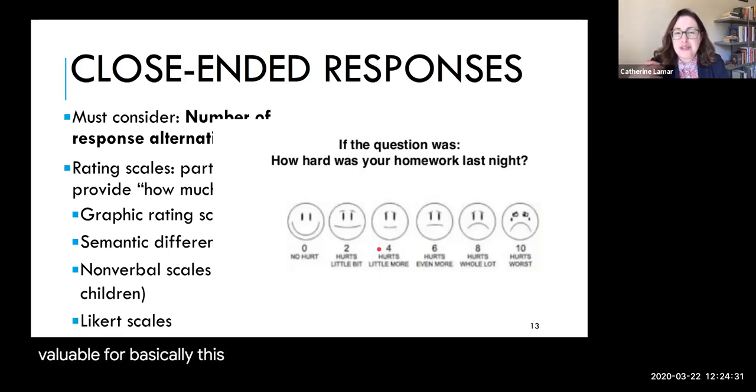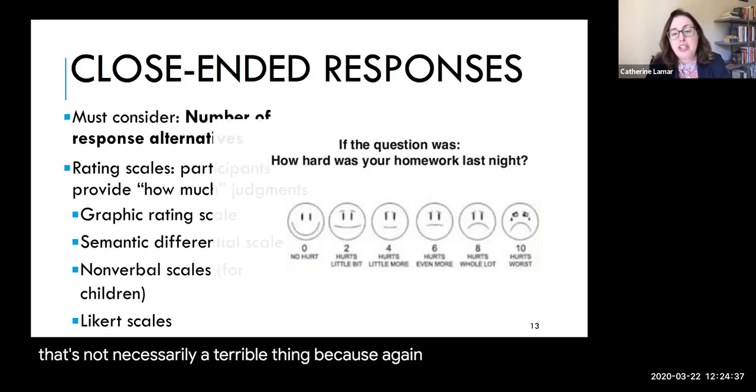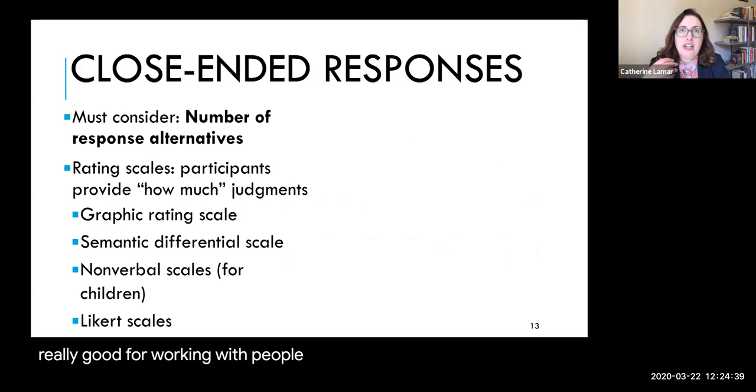Basically, this could lead to subjective interpretation, and that's not necessarily a terrible thing. Because again, these scales can be really good for working with people who cannot express themselves with words.